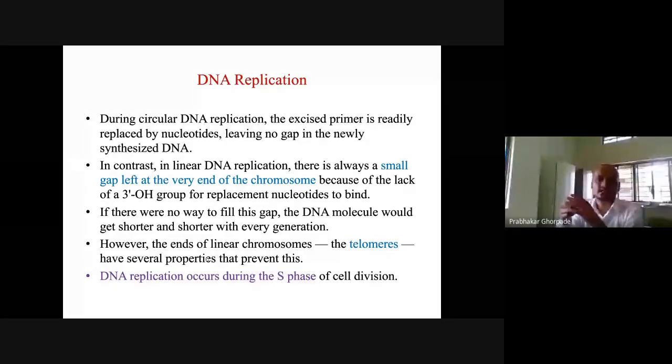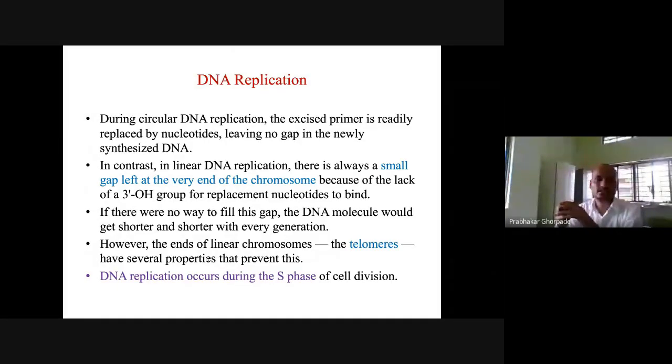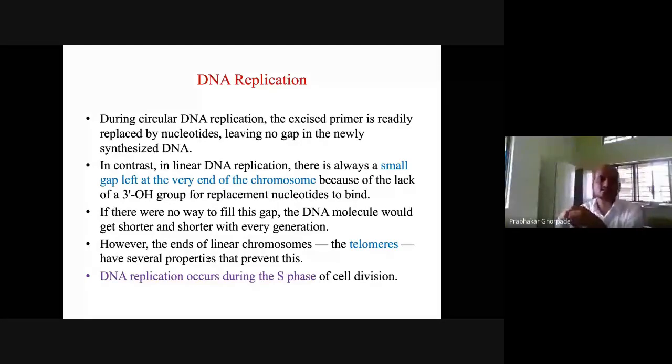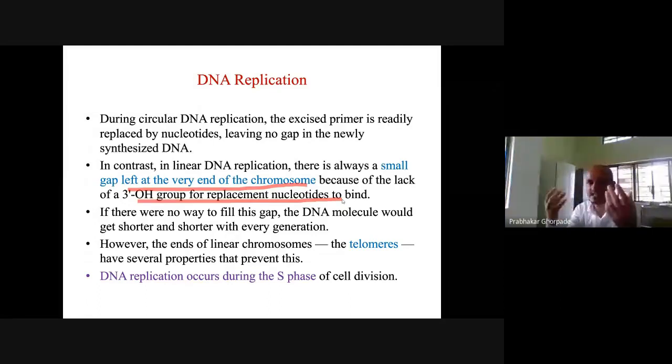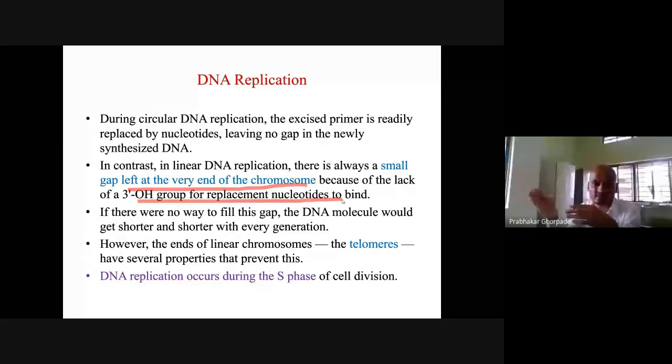But if DNA is linear, small gaps remain at the end of the chromosome because of the lack of an OH group for replacement of nucleotides. That is why there is a phenomenon called telomere shortening. Every time our cell replicates, our chromosome gets shortened.